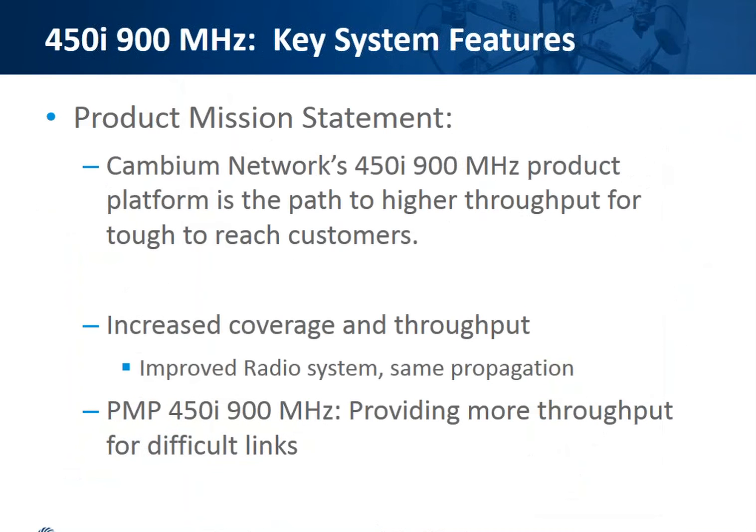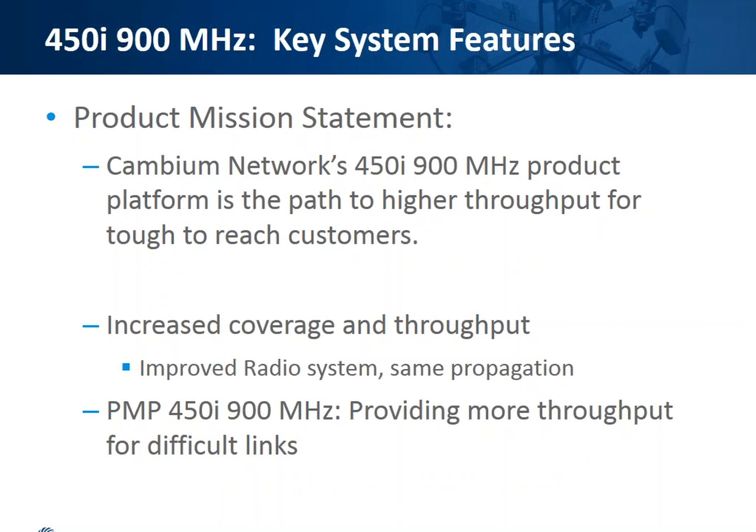So what did we try to do with the 450i product? It's the path to higher throughput for those tough-to-reach customers. Really, the 900 megahertz spectrum is not one that's often looked at first. There are other areas of unlicensed spectrum that have much more availability in terms of megahertz. There's much more frequency available to play with, but 900 penetrates well.